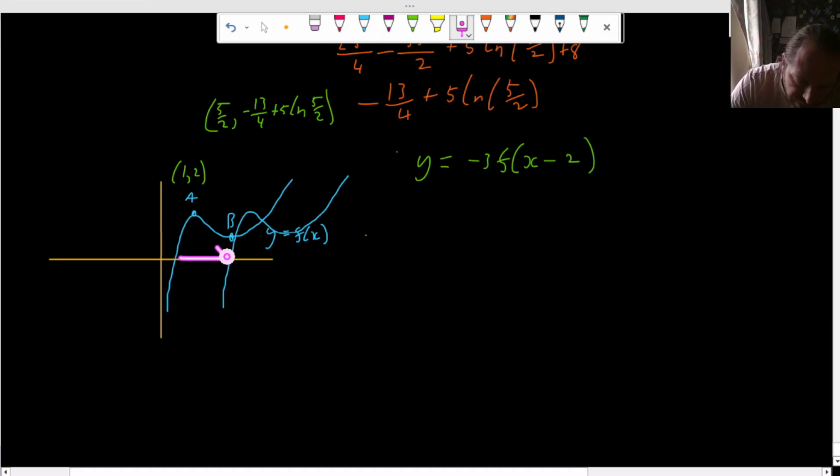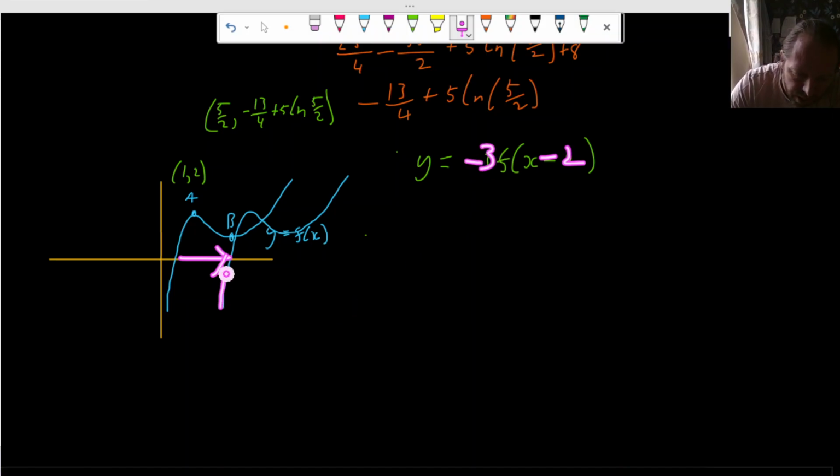So we've moved this across here for the minus 2, and now we need to deal with the minus 3, which of course is going to make this whole thing 3 times bigger. So your point of 1, 2 is now 3, 2, but we need to make it 3 times bigger.